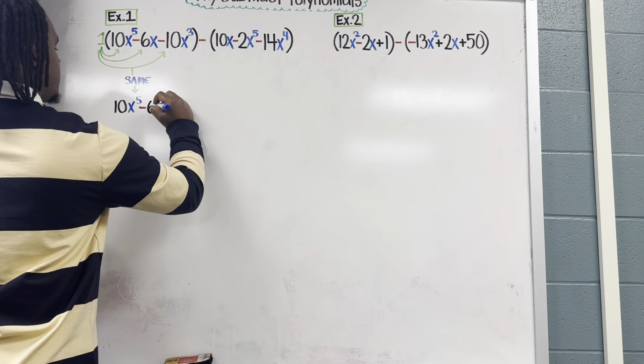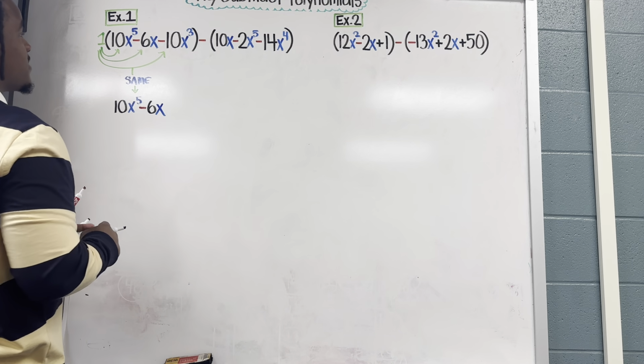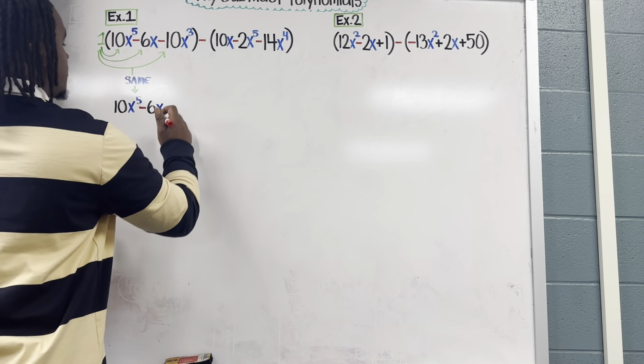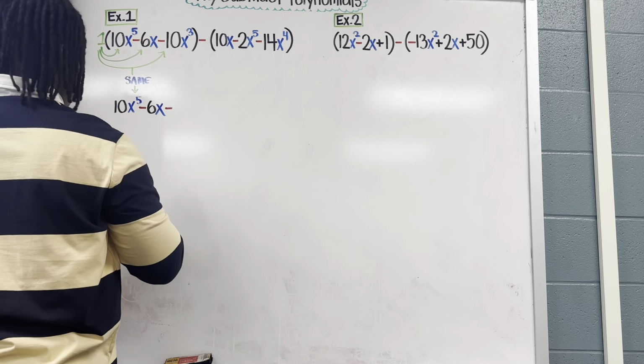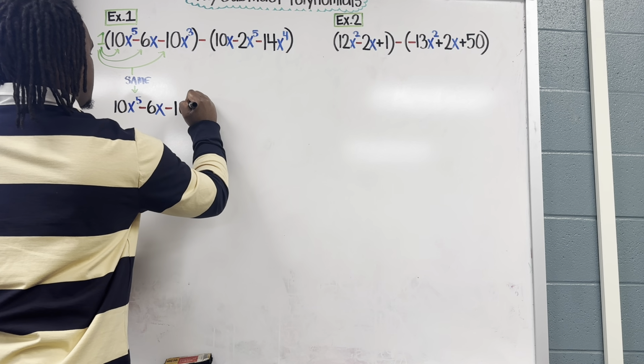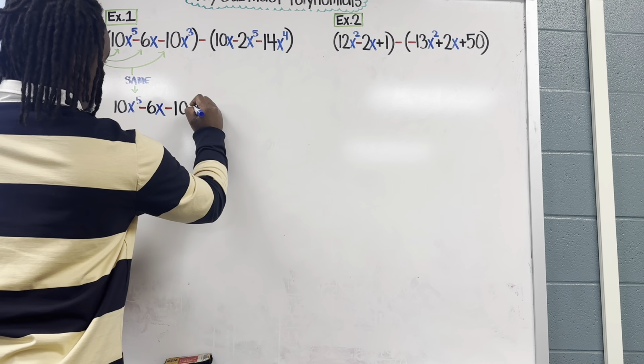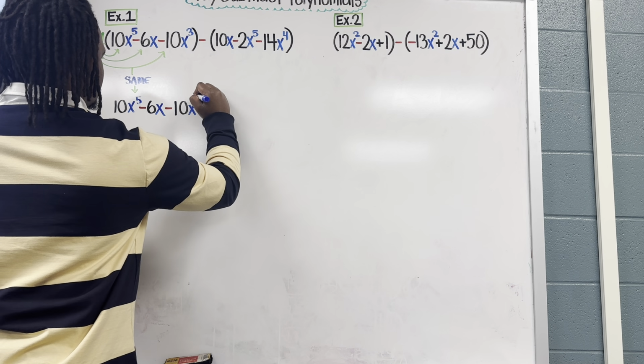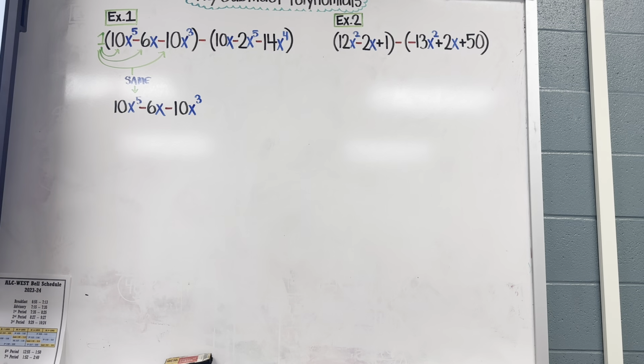Okay? And then 1 times negative 10x to the 3rd power is negative 10x to the 3rd power. So that's going to be minus 10x to the 3rd power. Okay?